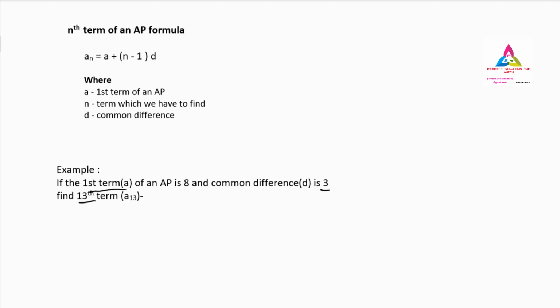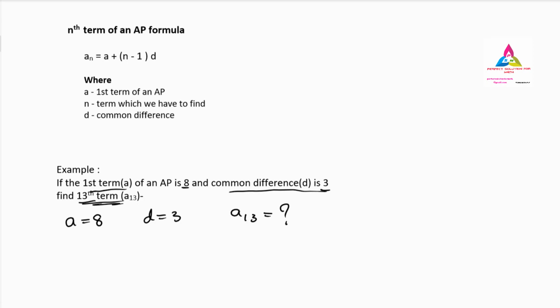They have given the first term, that is a is equal to 8. Next they have given the common difference, that is d is equal to 3, and they have told you to find the 13th term, A13.